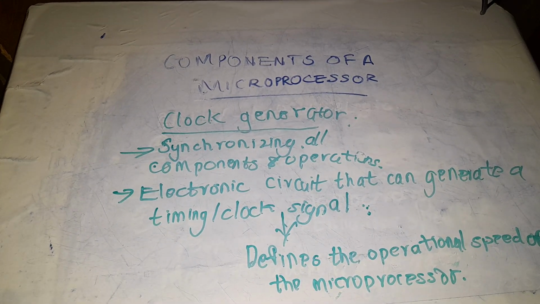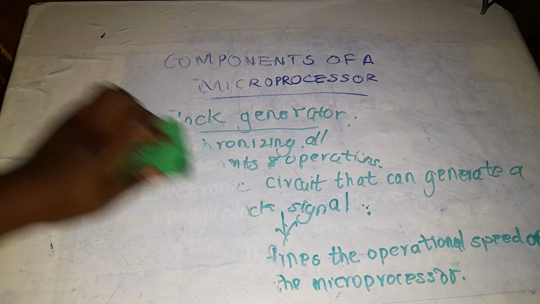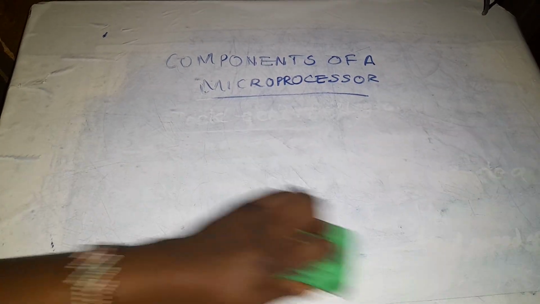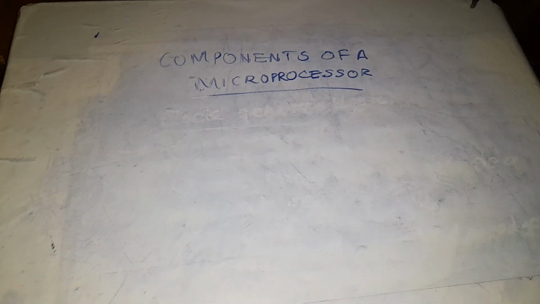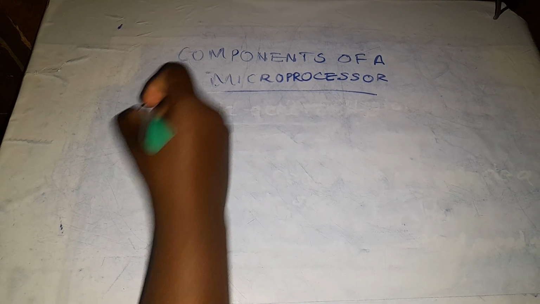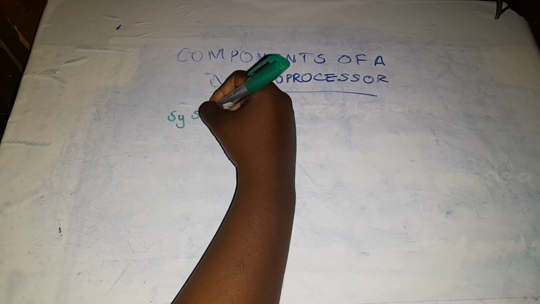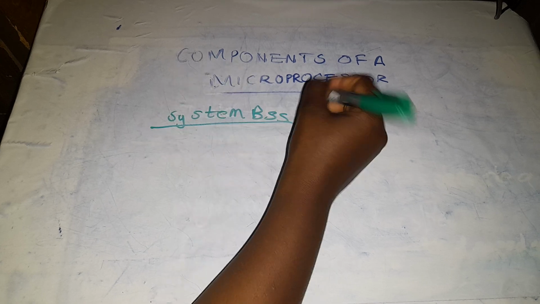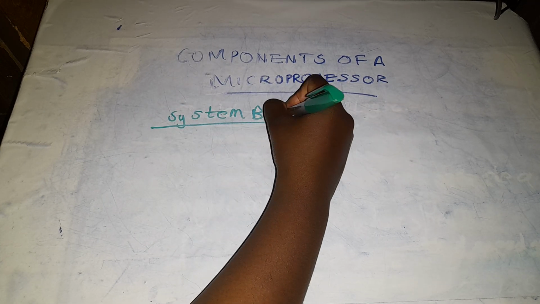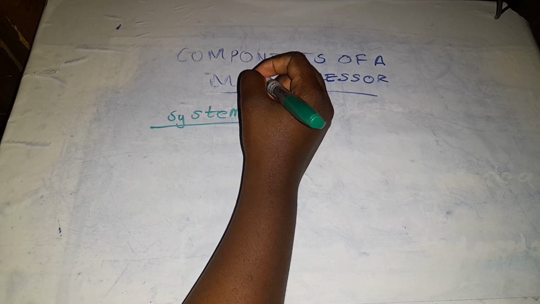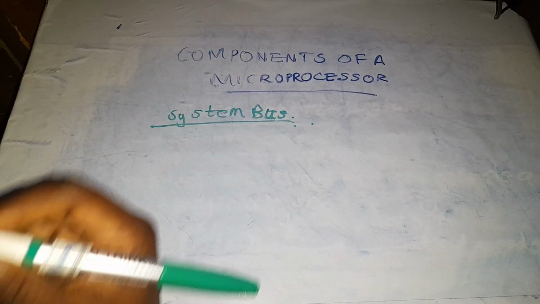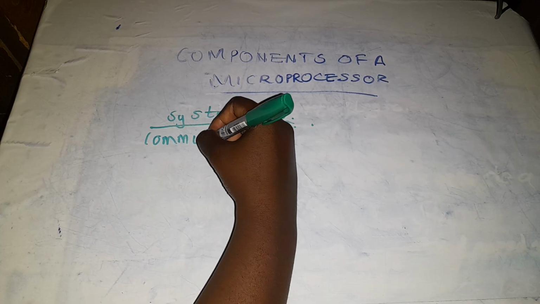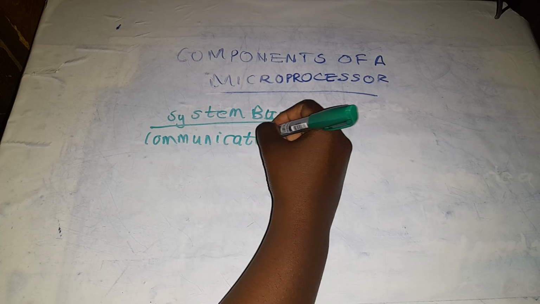And then the next thing you're going to cover is something we call a system bus. A system bus in a microprocessor: when you hear the word system bus, think of a communication channel, a way to communicate.